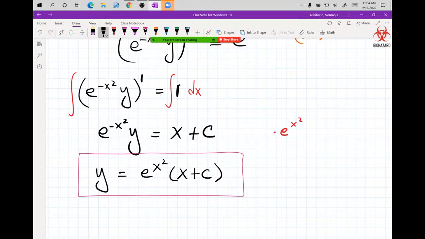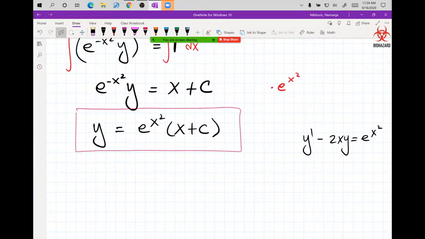So my differential equation was given as y prime minus 2xy equals e to the x squared. So I should be able to check this.